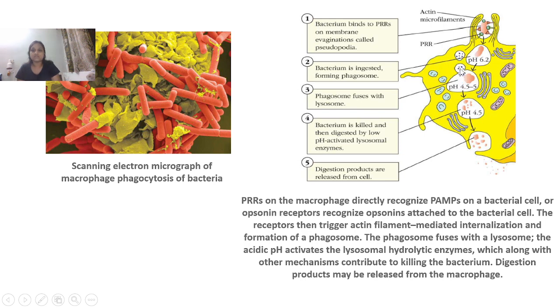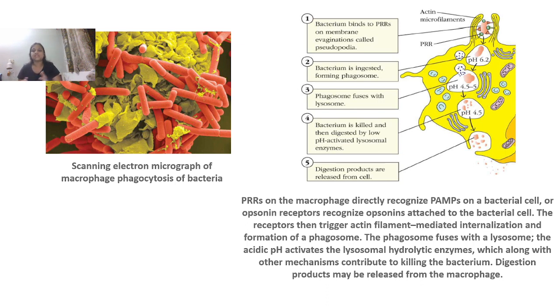This lysosome will secrete these enzymes, and you can see the pH suddenly drops whenever it fuses, because these lysosome enzymes act only at acidic pH. So here the bacteria gets digested and killed by these enzymes of the lysosome, and then these digested products are released from the cells.